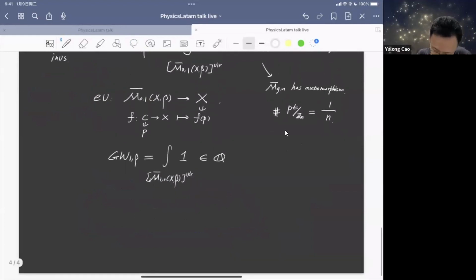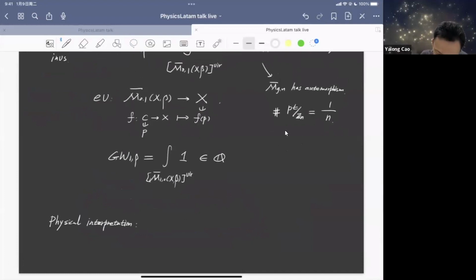Because some people in the audience have a background in physics, I just give a remark saying that there's some physical interpretation of such an invariant.